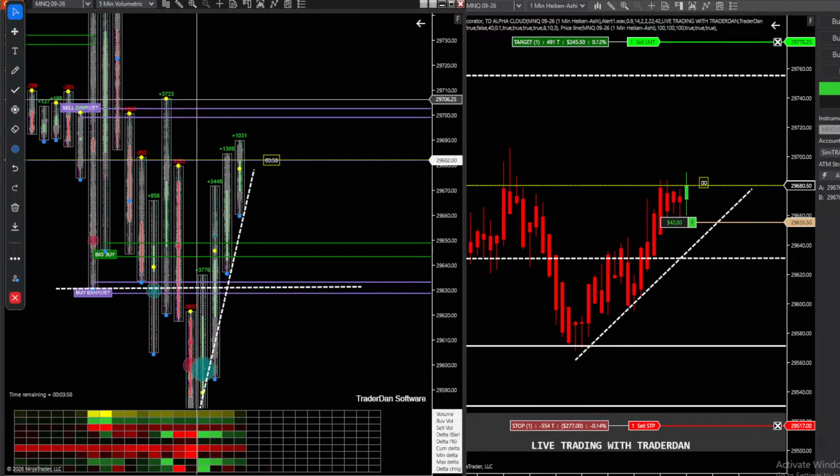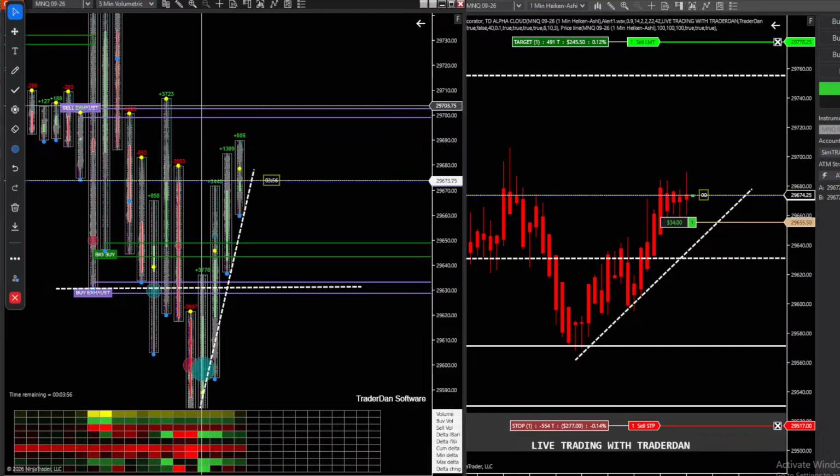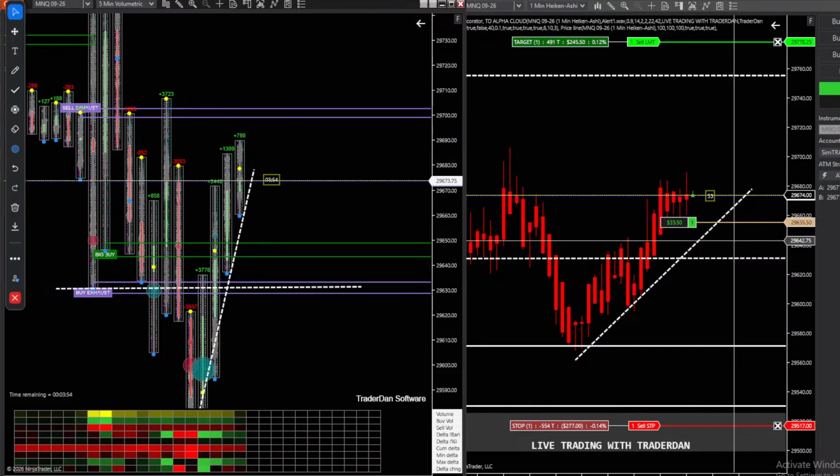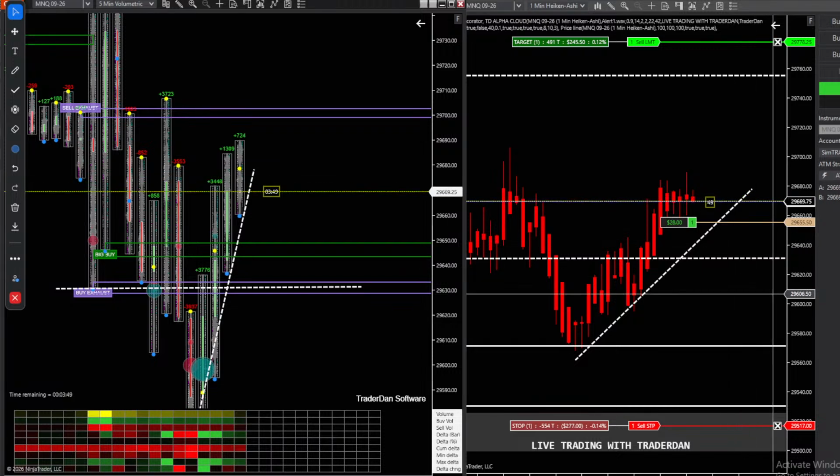Got to get above this level right here, above this purple. We don't want this to get hammered to the downside.